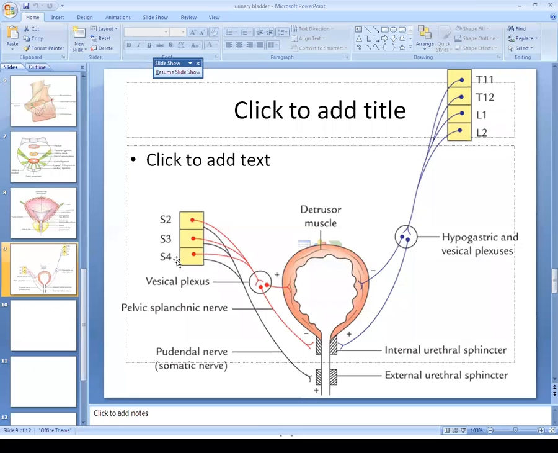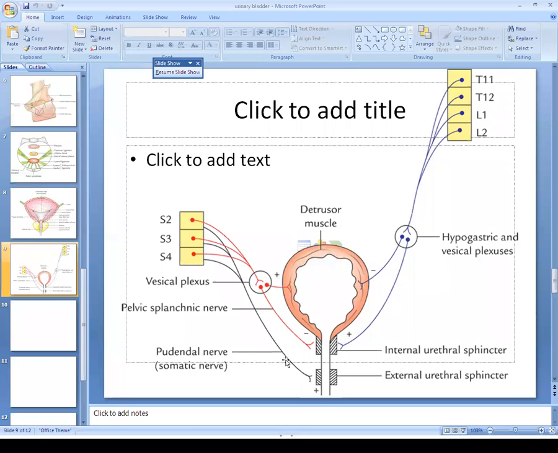So S2 to S4 gives the parasympathetic supply and also somatic nerve supply to the external sphincter. When the parasympathetic S2, S3, S4 is activated, the act of micturition starts, and only when the pudendal nerve is activated will there be voluntary micturition.